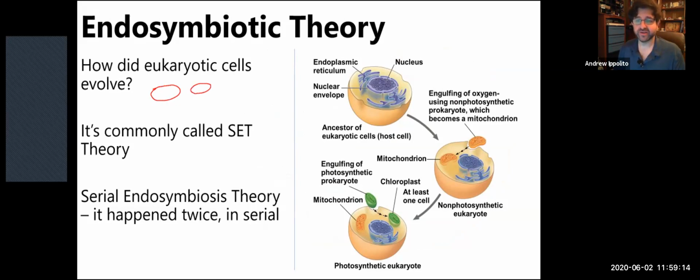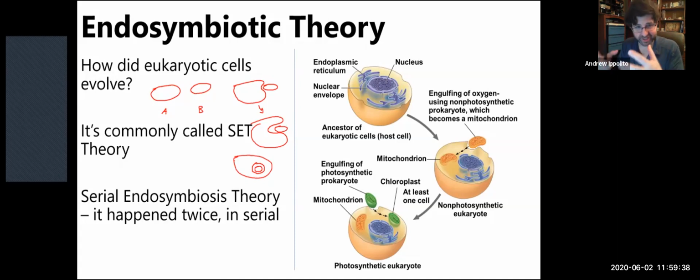This cell here, cell A, is going to eat cell B by endocytosing it. And then eventually a vesicle buds off and the cell lives inside that vesicle, and then that's the way it will digest it.